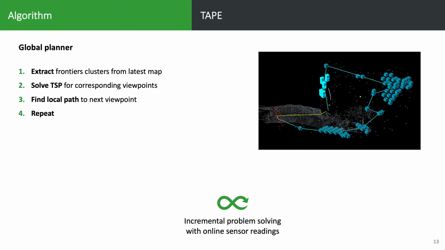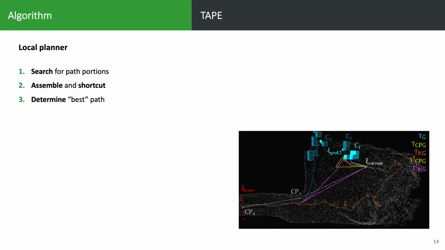The global planner first extracts the frontiers from the latest map. Then it solves a TSP for the corresponding viewpoints. Then the local planner will produce the path to the next viewpoint, and this operation is repeated with the latest sensor readings. The local planner will search for path portions, assemble and shortcut them, and determine which of them is the best solution.